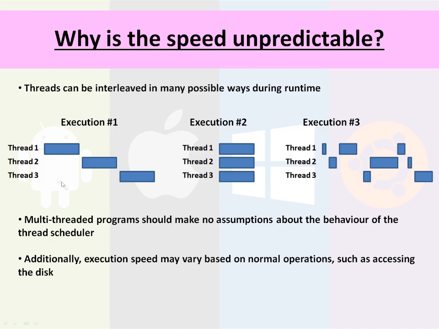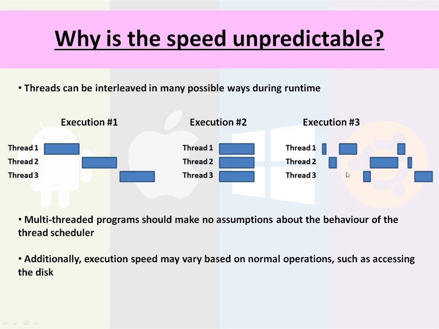For example, we could have an execution number 1 here where thread 1 is processed completely, then thread 2, then thread 3. Another possible one is where all 3 are processed at the same time on separate CPUs. Okay. And then execution 3 is where a lot of swapping is taking place, where we do 1 a little bit, then 2 a little bit, then 1 again, and we're just breaking them down completely.